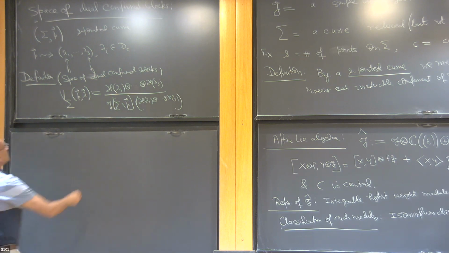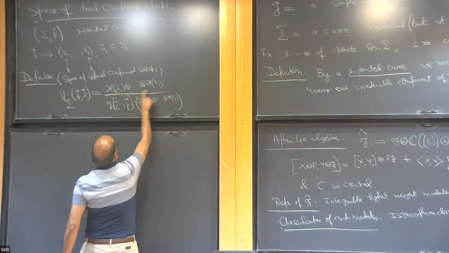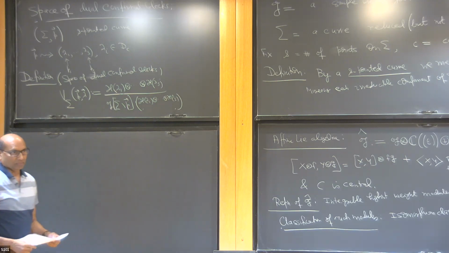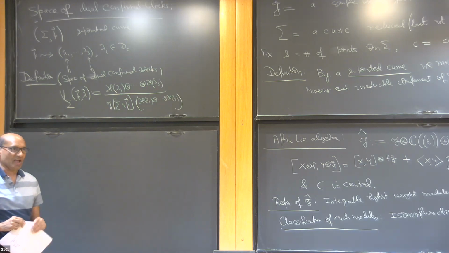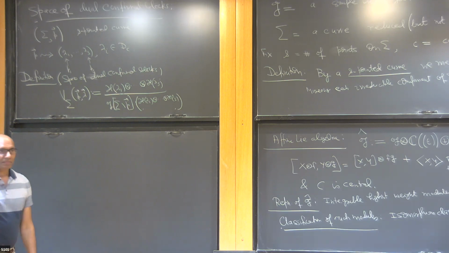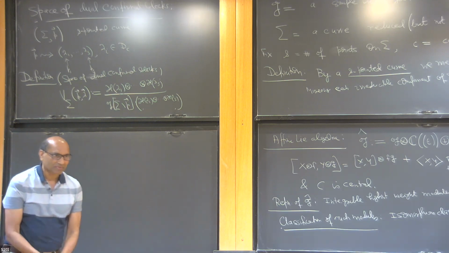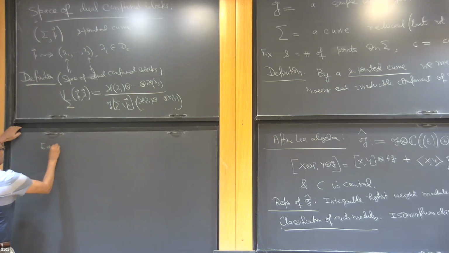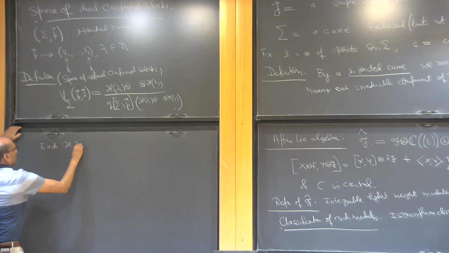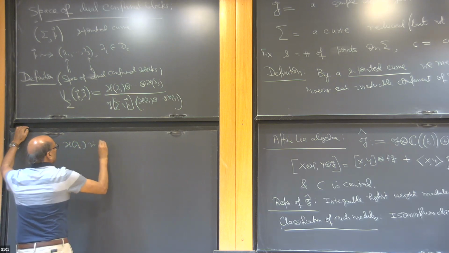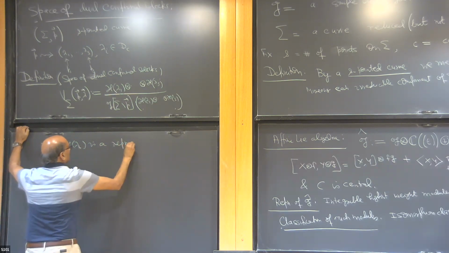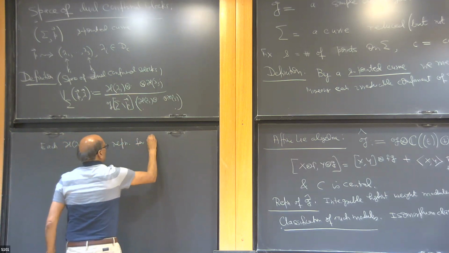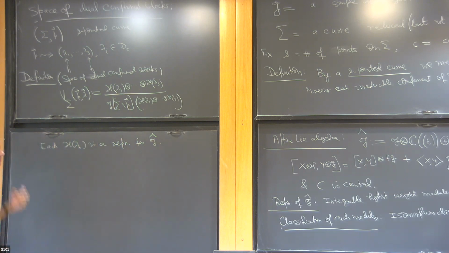First of all, each H lambda I is a representation for G hat, with the same central charge.